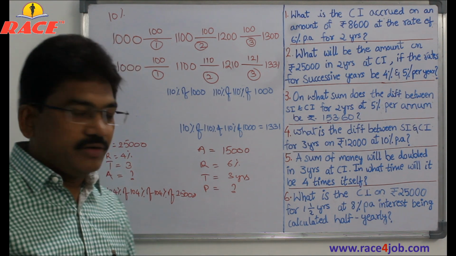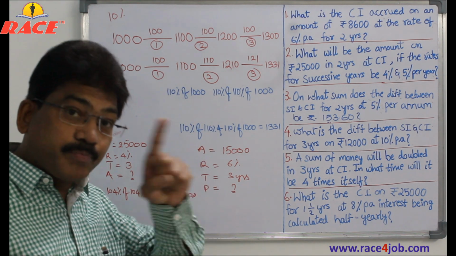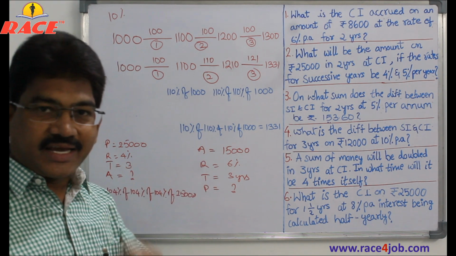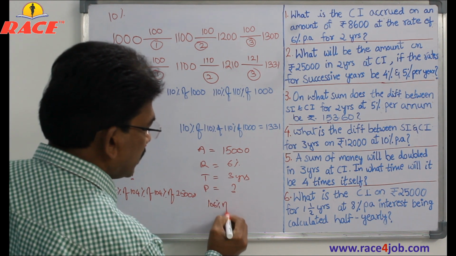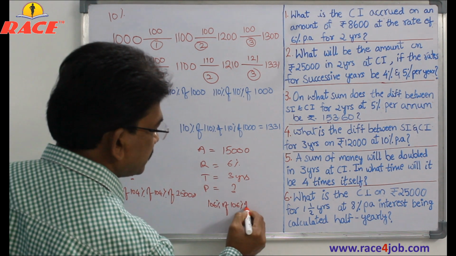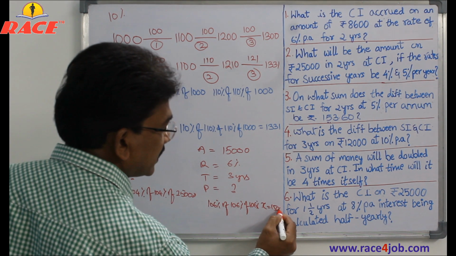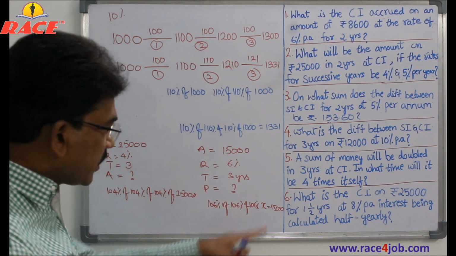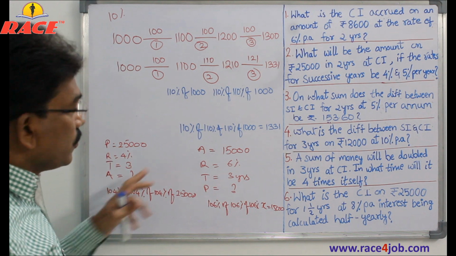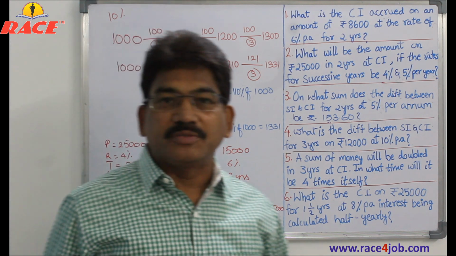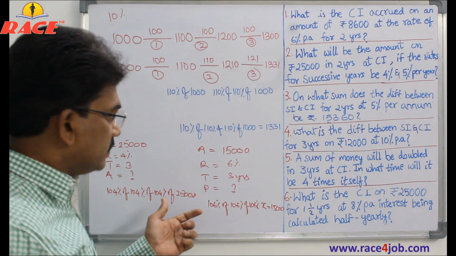Generally how do we take that for 3 years? 106% of the principal. The principal we don't know, say X. So 106% of X is 15,000 that has been given. You can calculate the principal. So when the principal is given, you can calculate the amount. When the amount is given, you can calculate the principal. You can find out easily without any confusion. So this method definitely will serve you better.